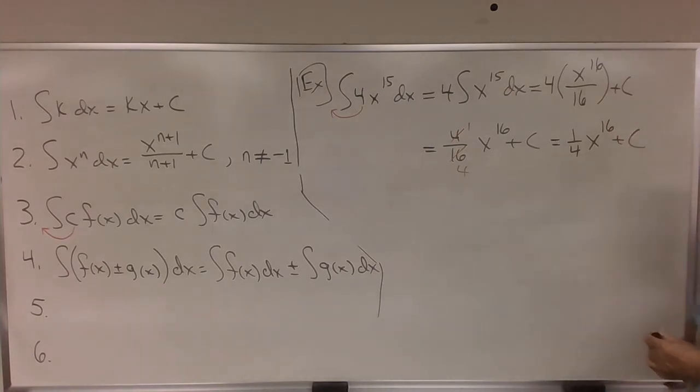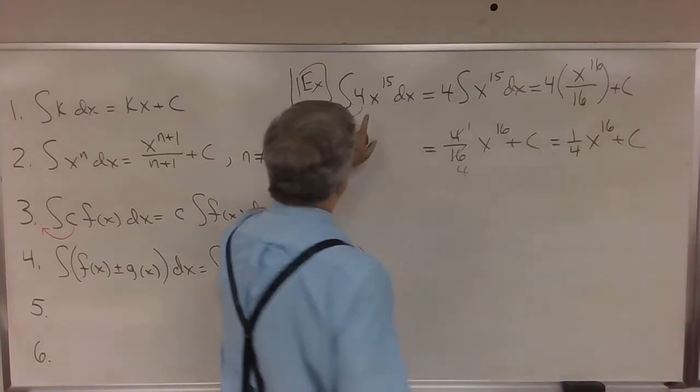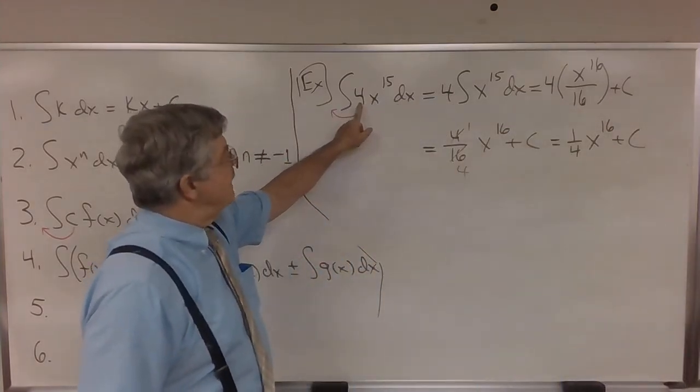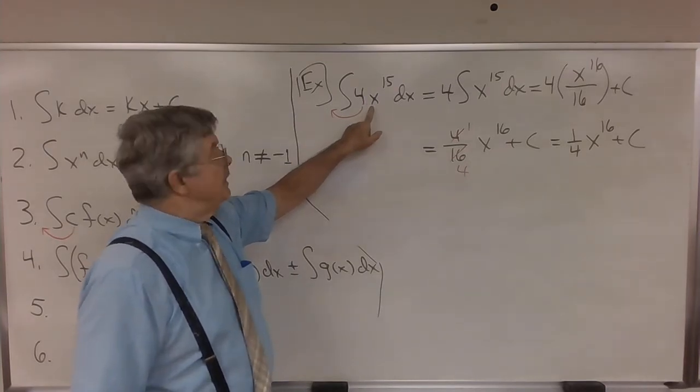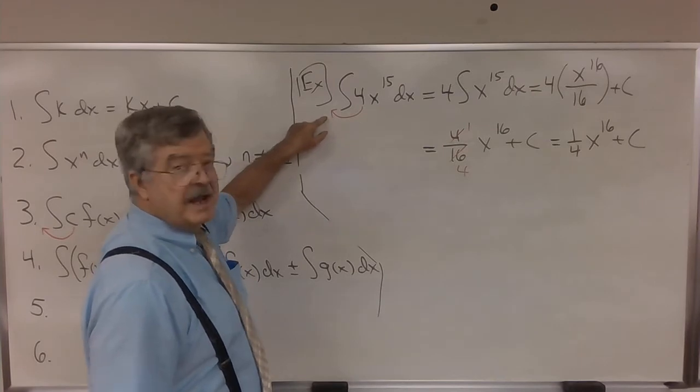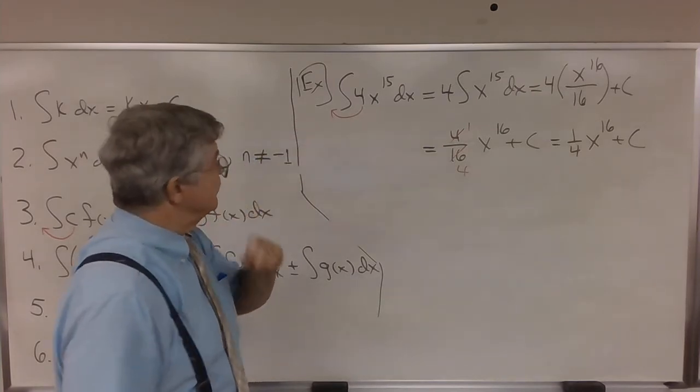Now, maybe we can take something away from this. It's a good observation to make that if we have a constant factor of the integrand, we can move that constant factor out in front of the integral sign.